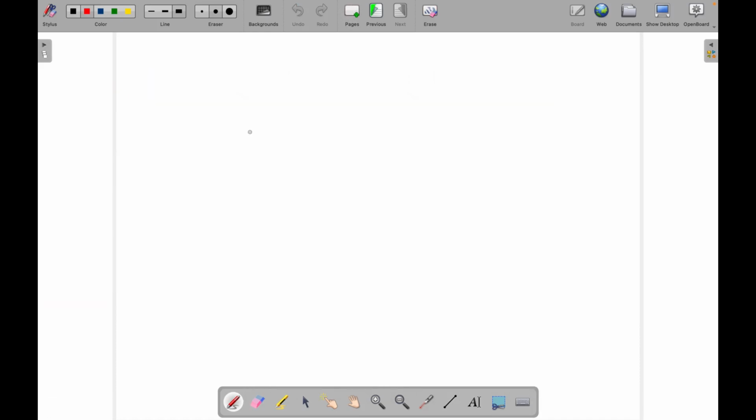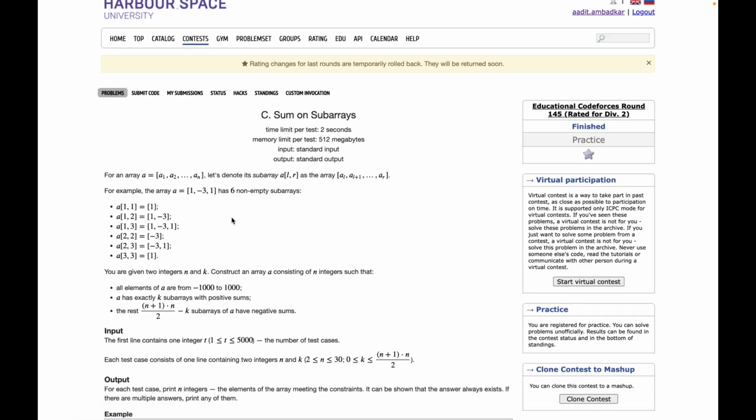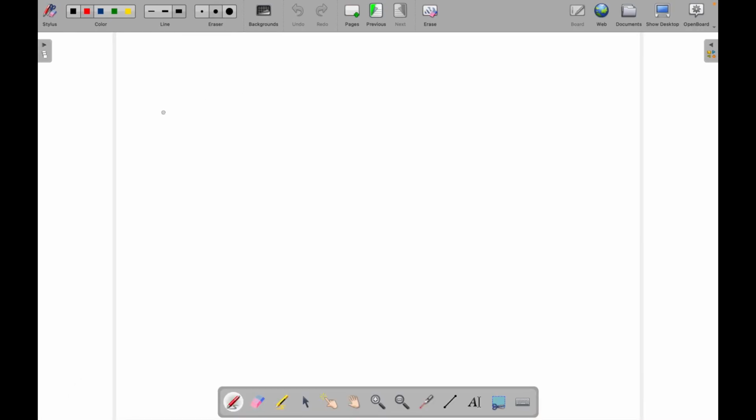The solution here is a bit hard to understand, but essentially, if I just form a bunch of consecutive positive numbers, how many subarrays are positive here?